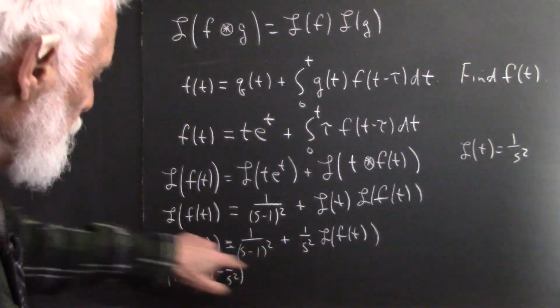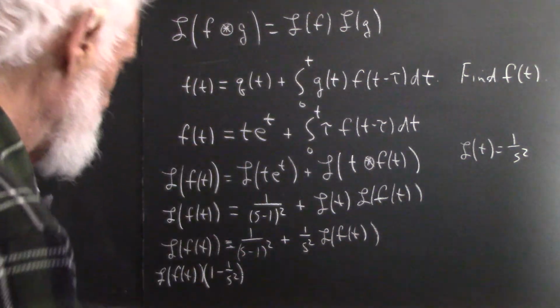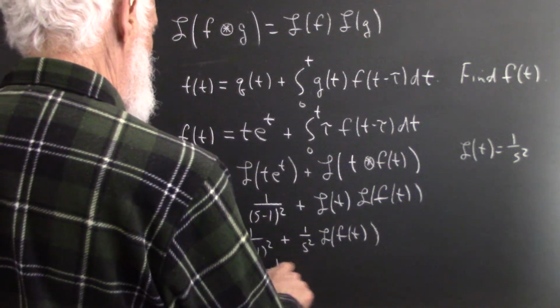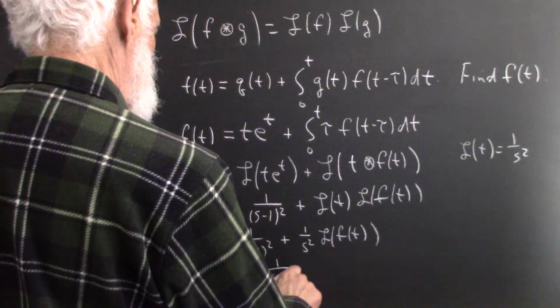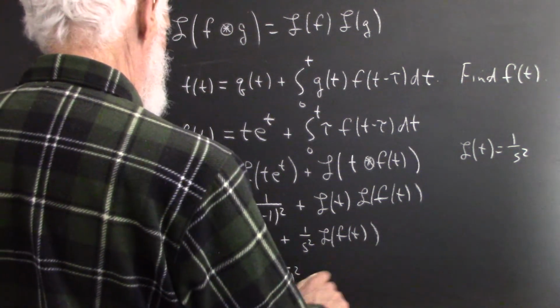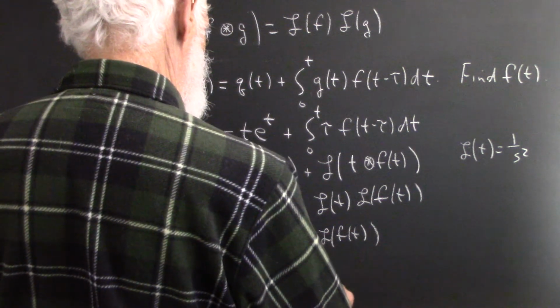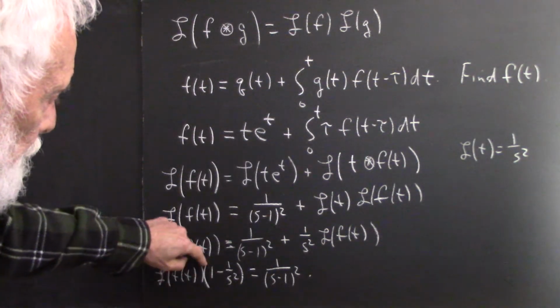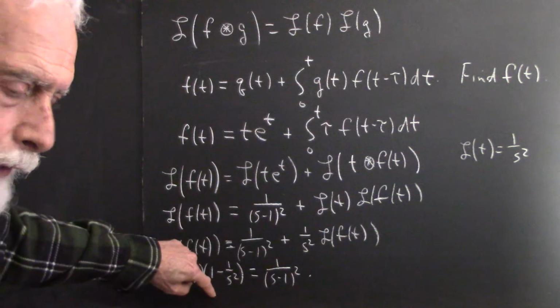So we bring this 1 over s squared times the Laplace transform of f of t over here. And now we can express this as s squared minus 1 over s squared.